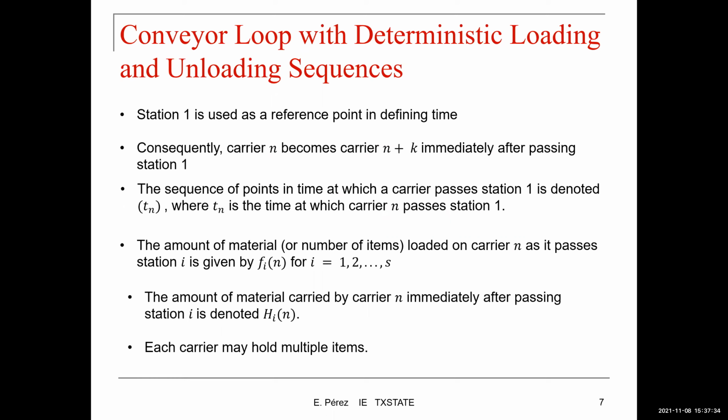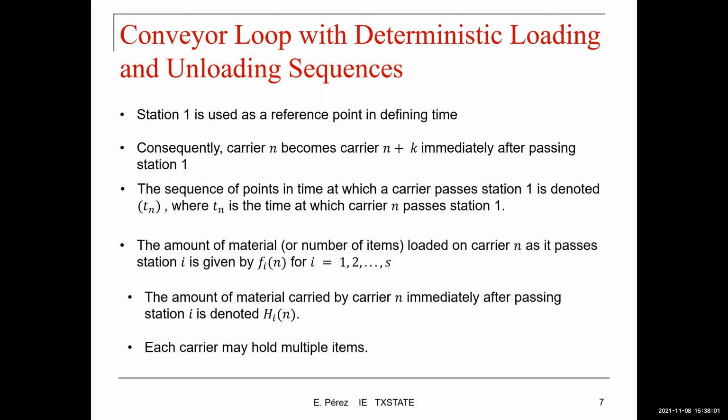So we went through this notation. We established that we were going to use station 1 as a reference point for defining time. And consequently, the carrier N becomes carrier N plus K after passing through that station that we are setting up as the origin for our analysis, in this case, station 1.